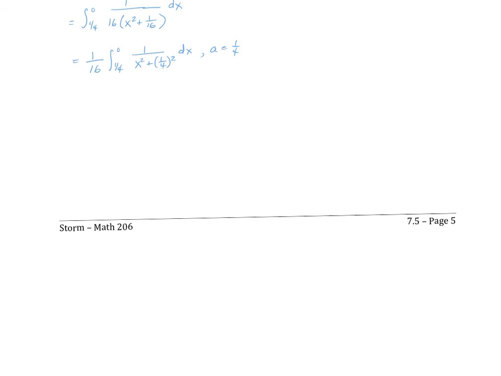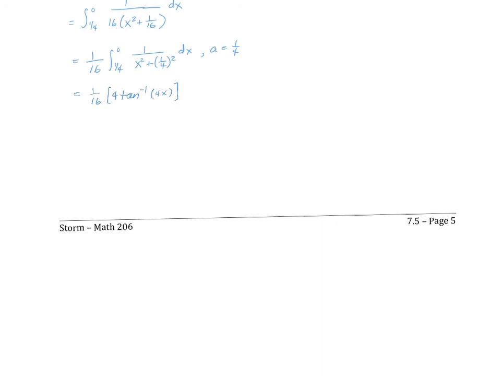And this is tangent inverse, so this is 1 over 16. It's going to be, since my a is 1/4, it becomes 4 tangent inverse of 4x.